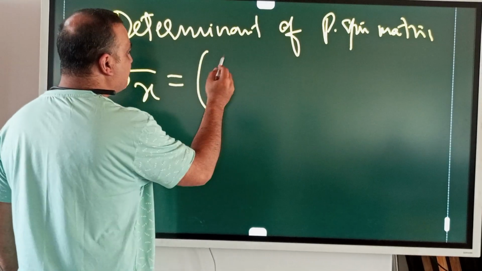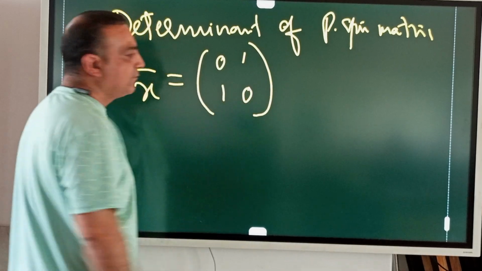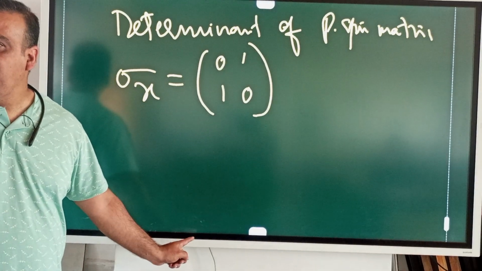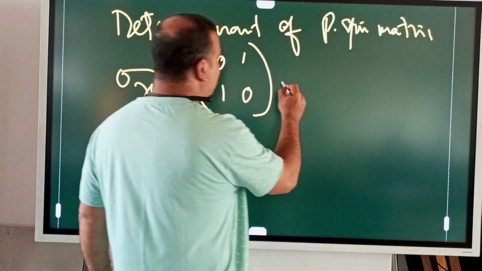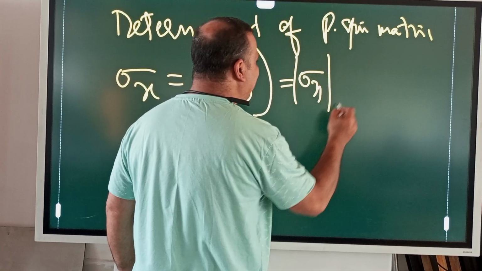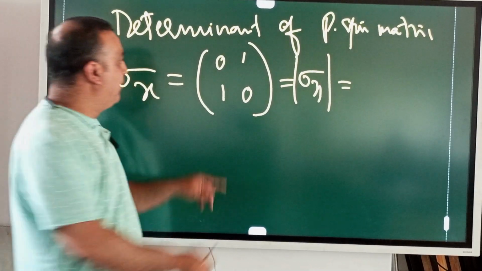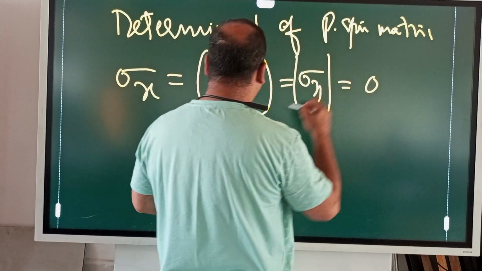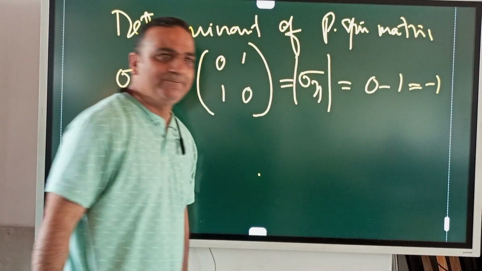Sigma x is 0, 1, 1, 0. I want to calculate its determinant. You know how to calculate, you have the cofactors to multiply. So 0 times 0 gives 0, minus 1 times 1 gives minus 1.